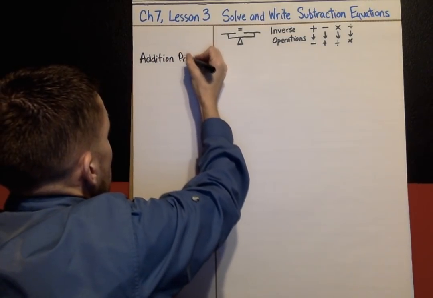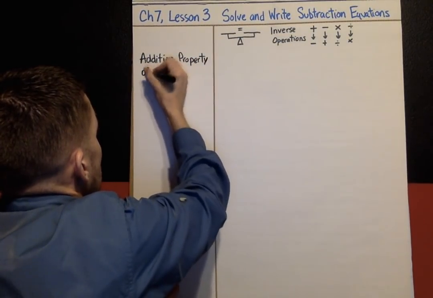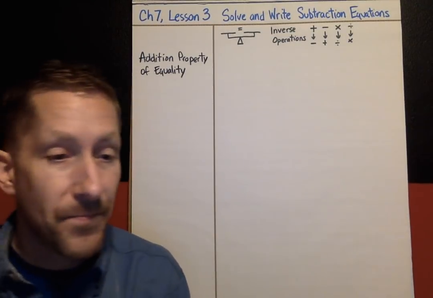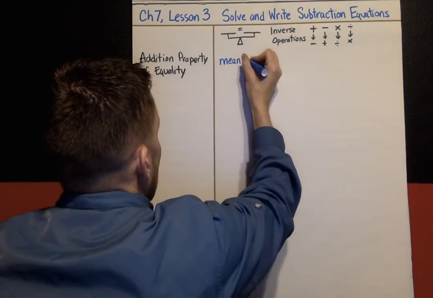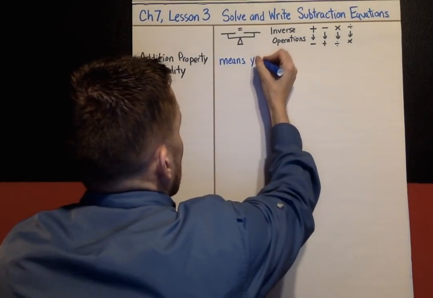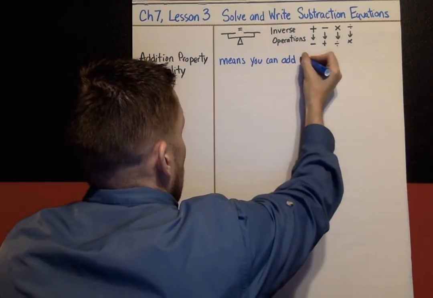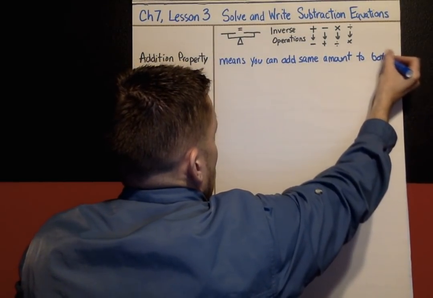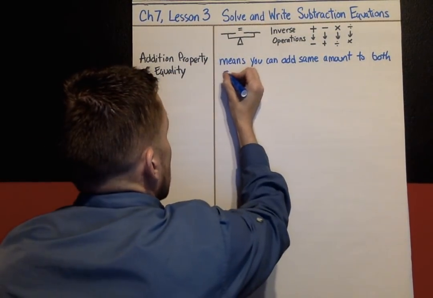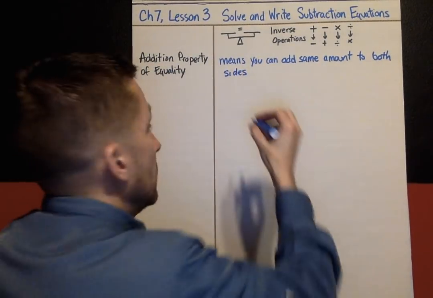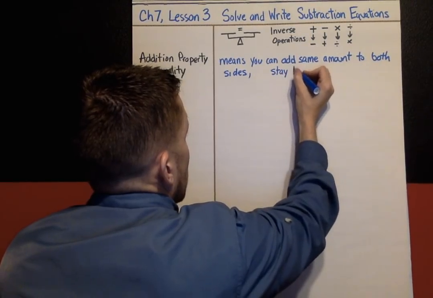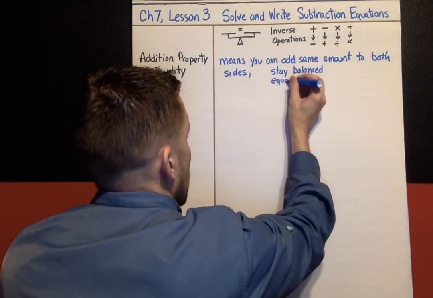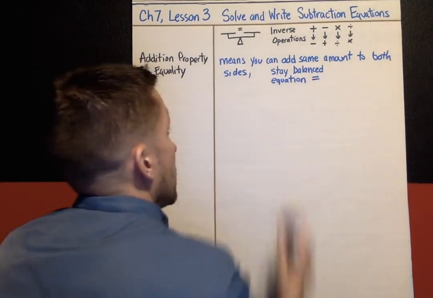The addition property of equality says, or means, it means you can add the same amount to both sides, and the scale will stay balanced, or we would say that the equation remains equal.